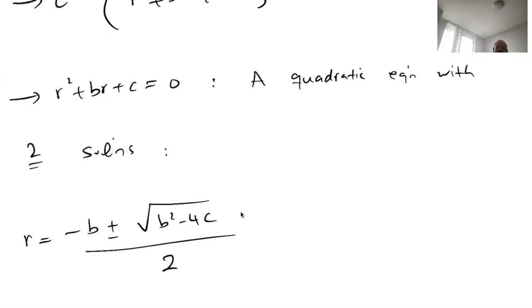So you may say here, if b squared minus 4c is positive, we will have two solutions. But if b squared minus 4c is negative, shouldn't we say that we have no solution? If it is negative, we have no real solution, but we still have two complex solutions.